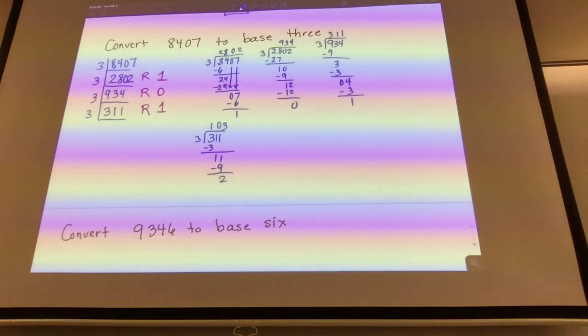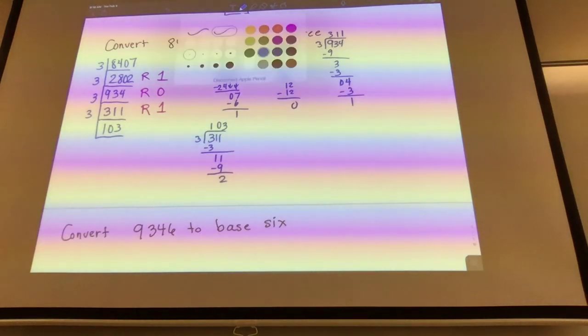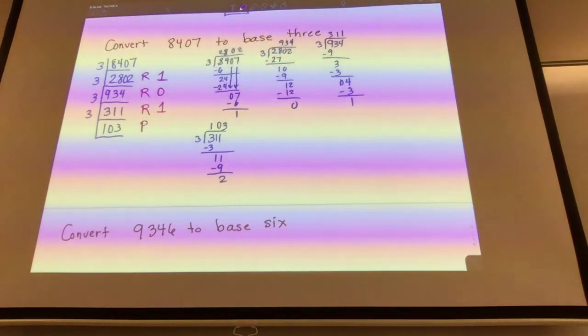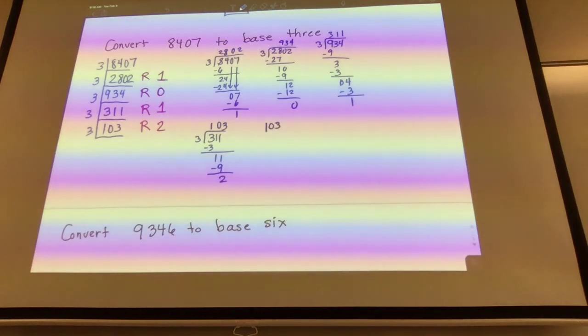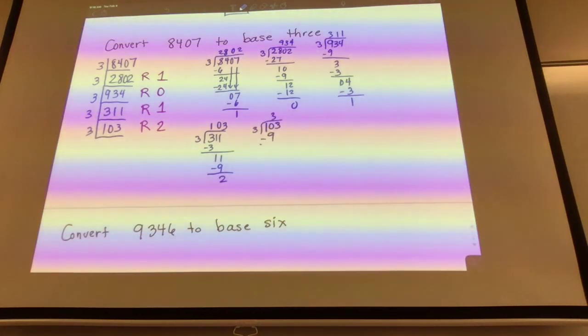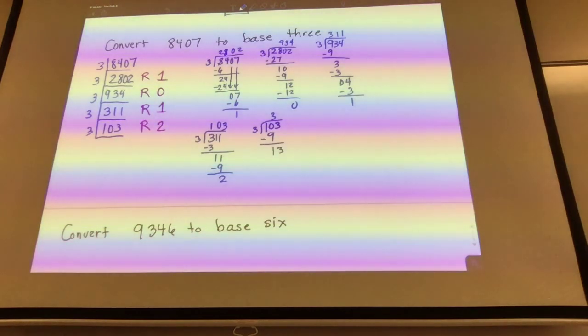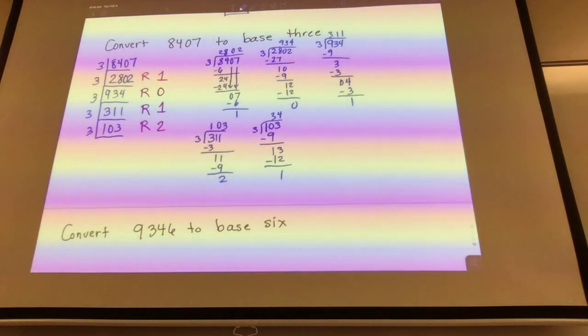That time I got remainder 2, so 103, but I had a remainder of 2. Then 34, remainder 1.